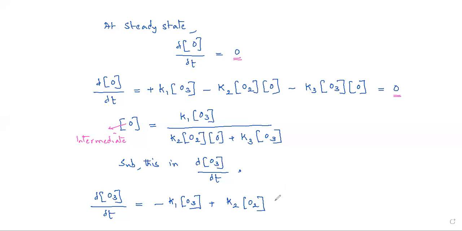Now this O is what? If you want, I'll write it again and just show what I'm going to do. K3 into O3 into O. This is the expression that I'm going to take into consideration, and I'll be substituting this here as well as here.